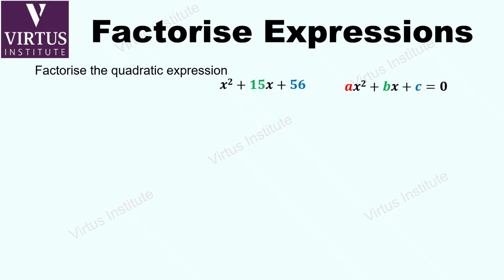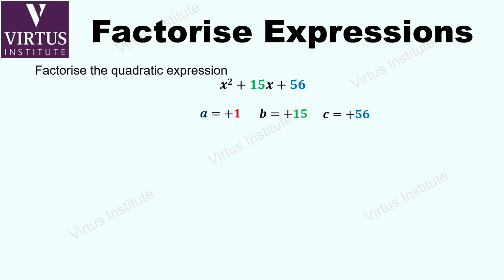For this expression, x squared plus 15x plus 56, a is equal to 1, b is equal to 15, and c is equal to 56.